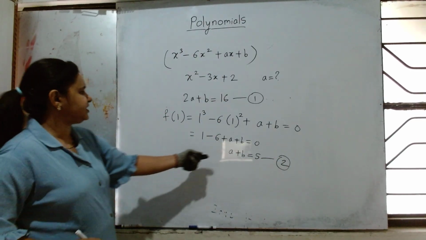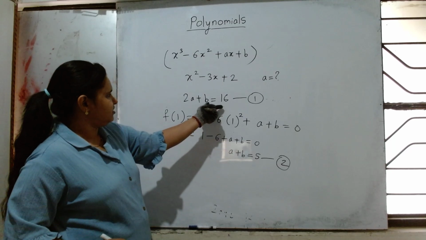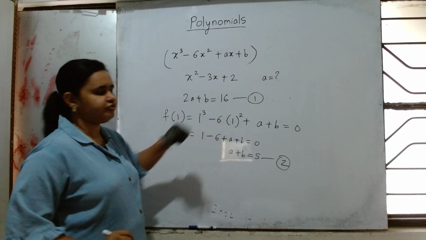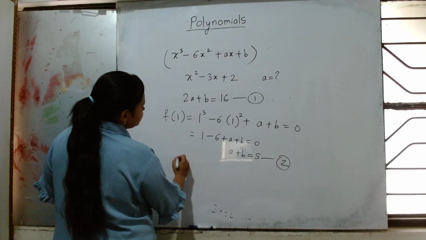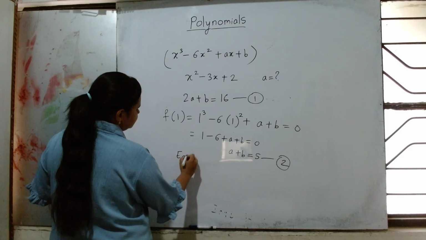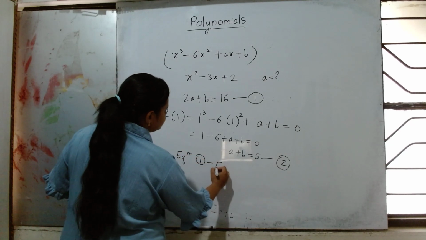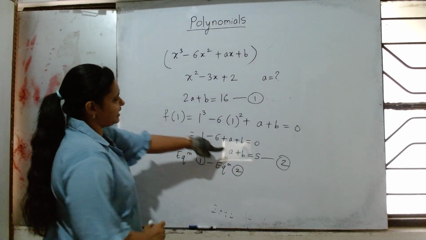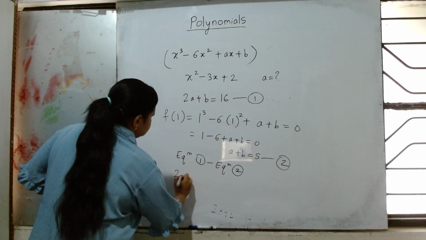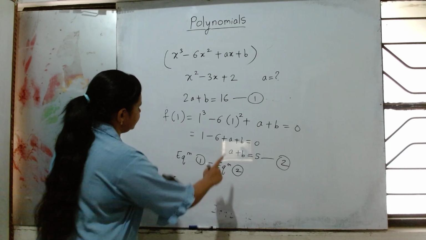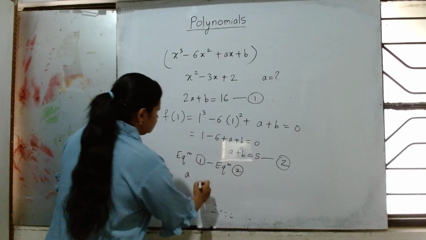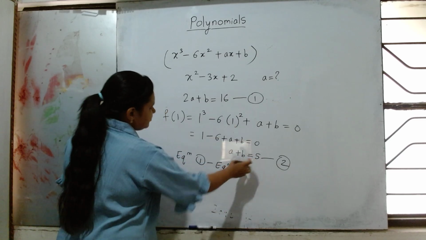Now if we subtract equation 2 from equation 1, we can get the value of a. So equation 1 minus equation 2. So 2a minus a is a, and b minus b is 0. 16 minus 5 is 11.